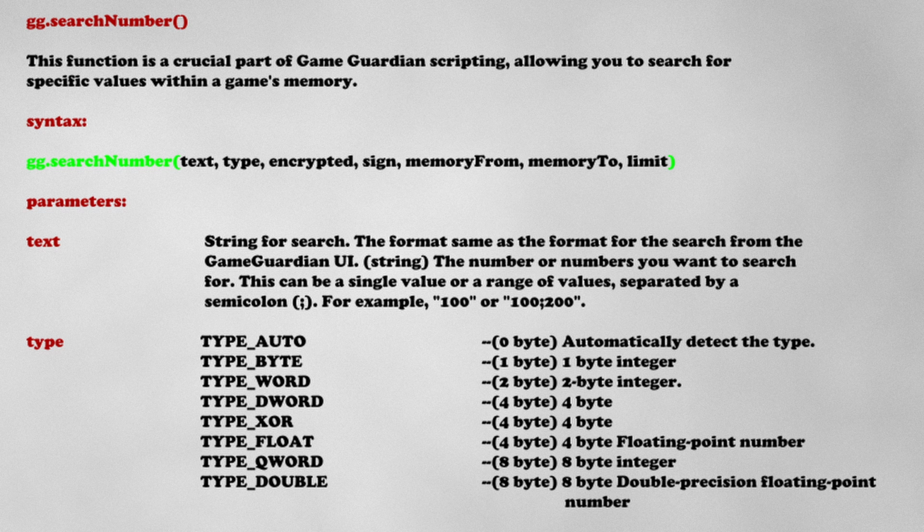This can be a single value or a range of values, separated by a semicolon, for example, 100 or 100;200. Type: TYPE_AUTO, TYPE_BYTE, TYPE_WORD, TYPE_DWORD, TYPE_XOR, TYPE_FLOAT, TYPE_QWORD, TYPE_DOUBLE.